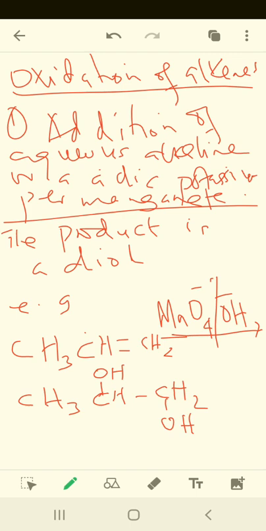But note that potassium permanganate can also be acidic. When you use acidified potassium permanganate, where there is OH here, you will have a hydrogen ion. What is the name of this compound? It is propane, because these are 3 carbon atoms on a straight chain. Then this is on the first carbon atom, 1, 2, diol.